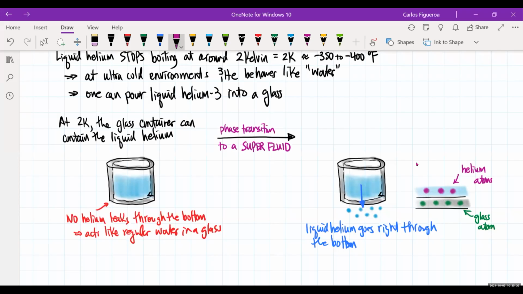When it phase transitions, it loses all viscosity. Viscosity means there is no more atomic friction.